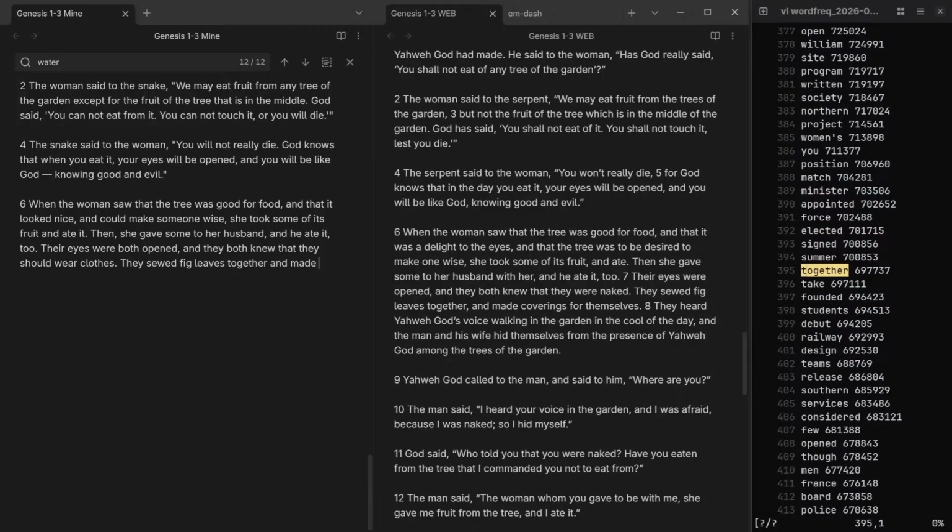I see why they're trying to be not very specific in the English text here. Clothes for themselves. I'm just going to say to wear.